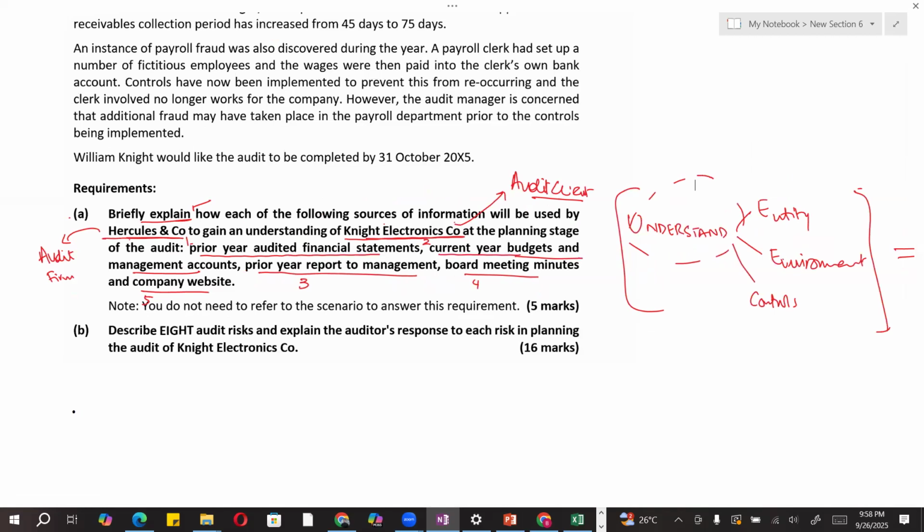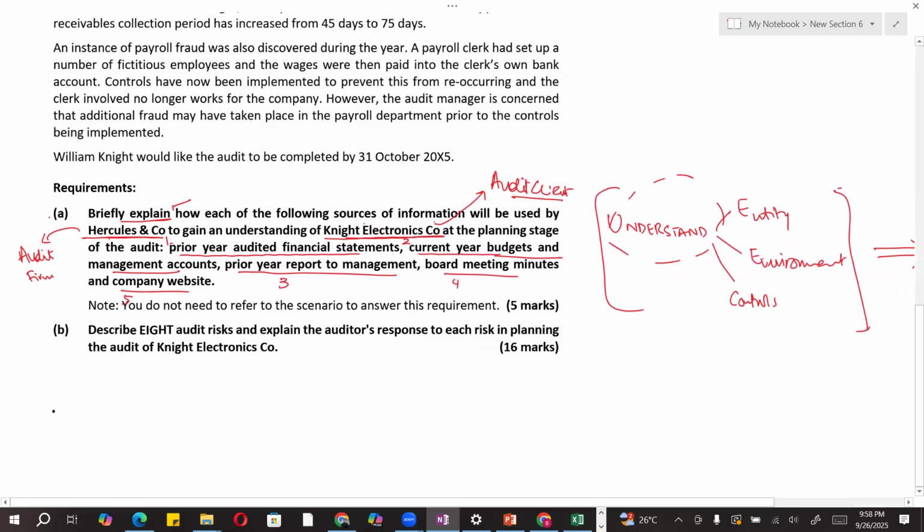Now, if you look at this question, it talks about five specific elements. So, why do you think you will use prior year audited financial statements? Because if you use prior year audited financial statements, you can understand about the nature of the client's business, the nature of client's operations.